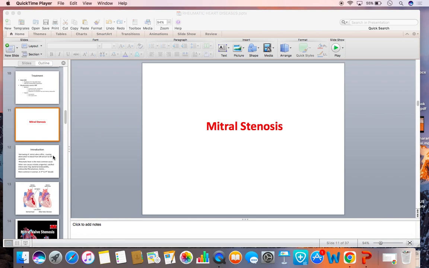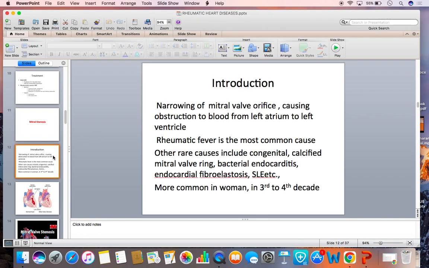Then, rheumatic fever is the most common cause of mitral stenosis. But it takes a longer time to become symptomatic following rheumatic fever.